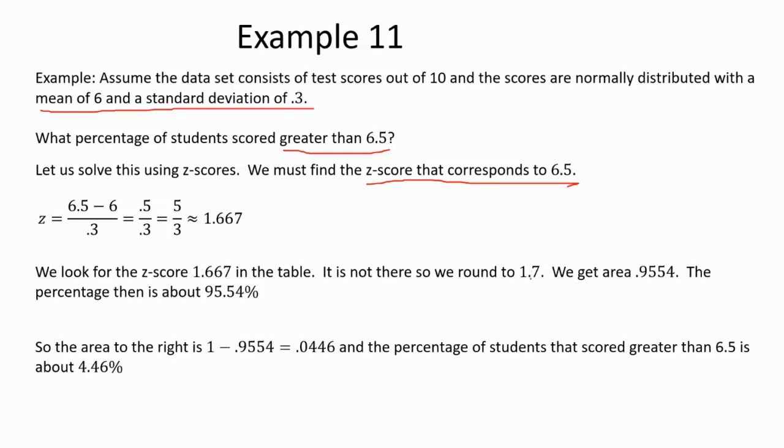And if you looked in the table, I think we actually saw this, that the area to the left of 1.7 is 0.9554. But that's to the left, though. We don't want the area to the left. We want the area to the right.